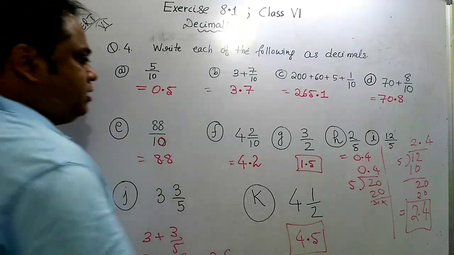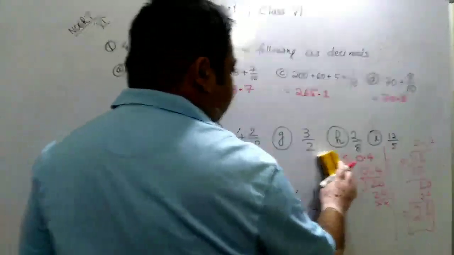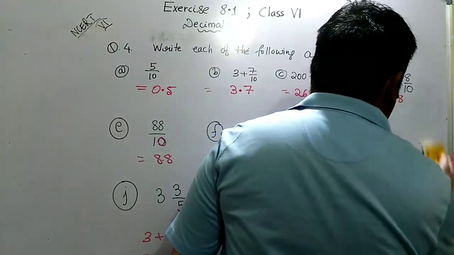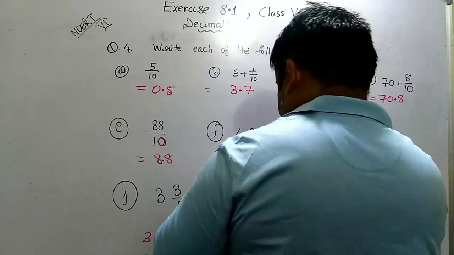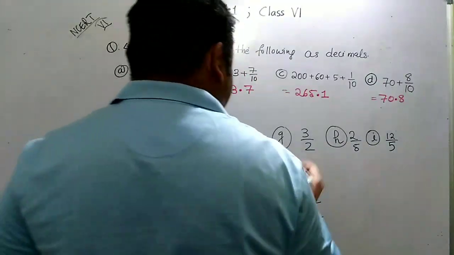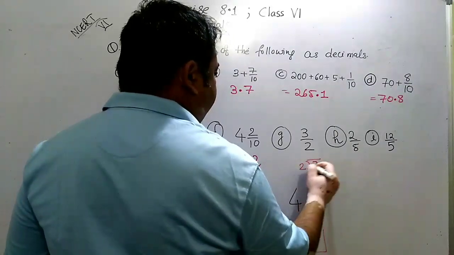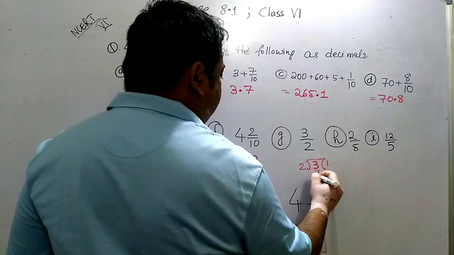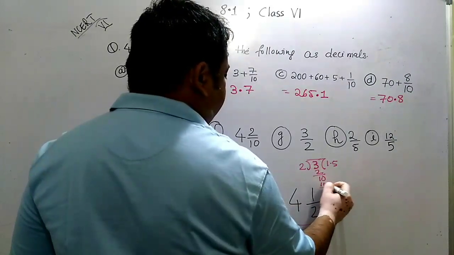This division method you can see once again. I will repeat all these division methods. Keep 3 here, 2 here, and then divide. 2 ones are 2 and then 1, give 1.0, 5 times 10.